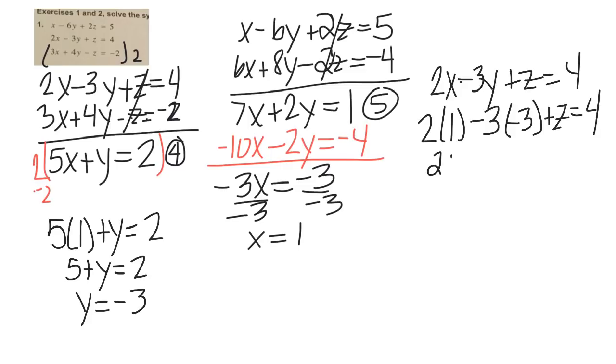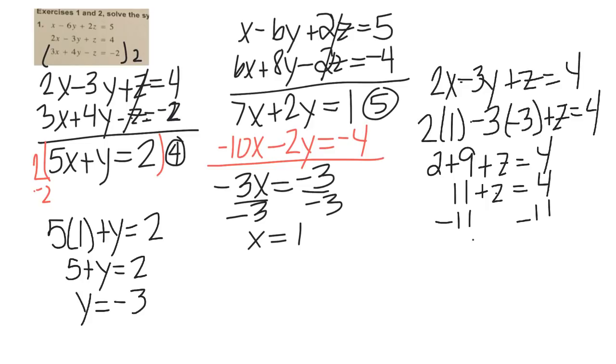And that's 2 plus 9 plus z equals 4. 11 plus z equals 4. Minus 11, and z equals negative 7. And then my final answer we write as an ordered triple, x, y, z: 1, negative 3, negative 7.